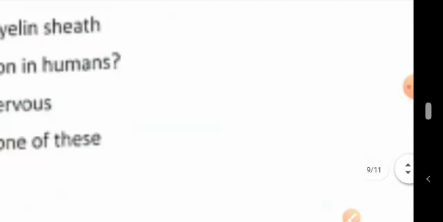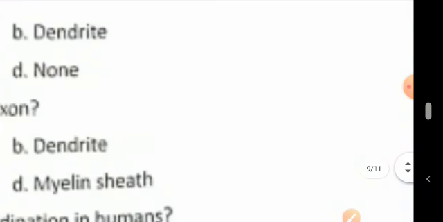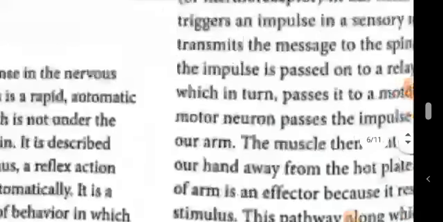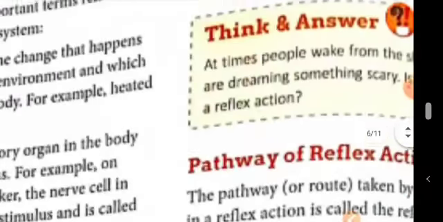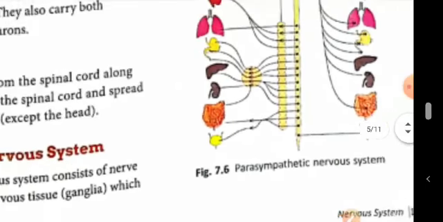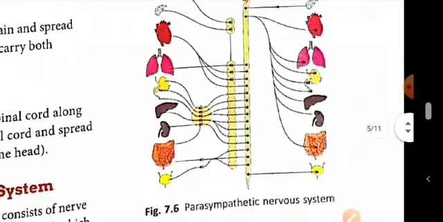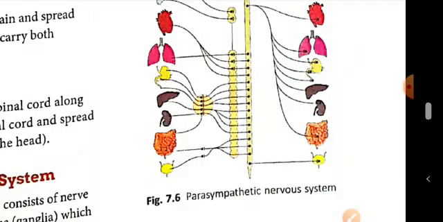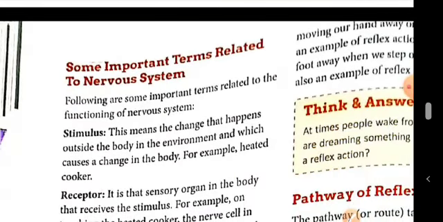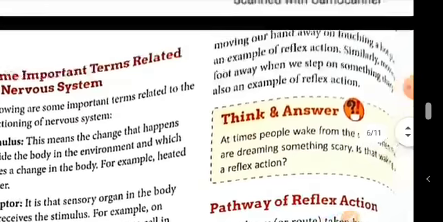Here you are seeing the different parts of the body and the sympathetic and parasympathetic nervous system. Now some important terms related to the nervous system are given here.